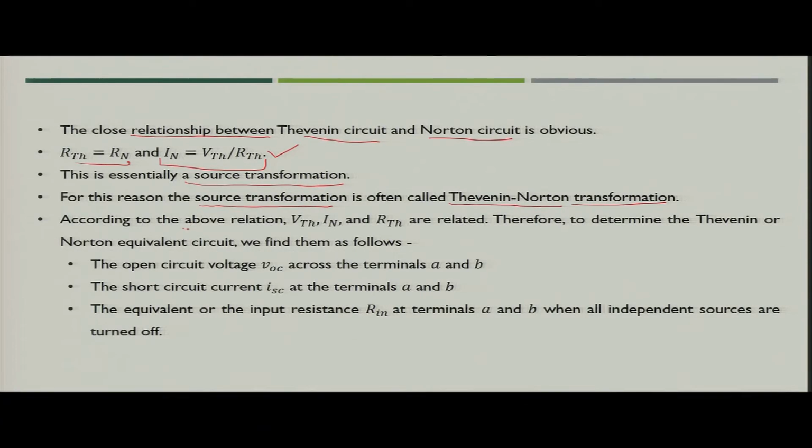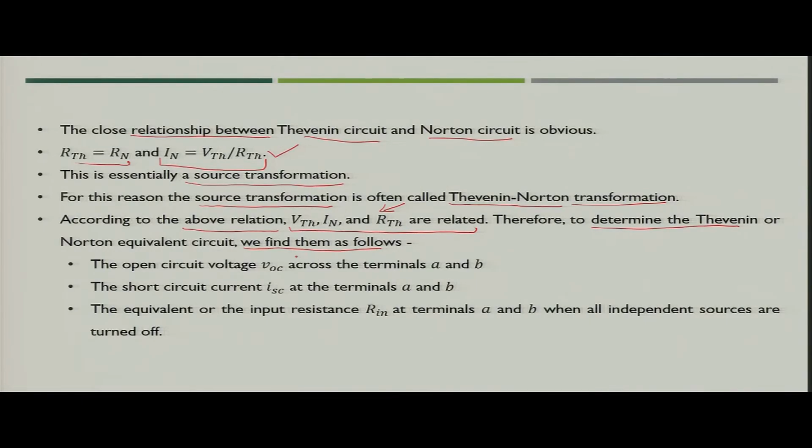Now, according to the above relationship, we can see that V Th, I N, R Th are related. Therefore, to determine the Thevenin or Norton's equivalent circuit, we need to only find them with the help of a circuit analysis technique, that may be mesh analysis or nodal analysis. So, V Th, I N, R Th are the unknown variables which we have to find out.